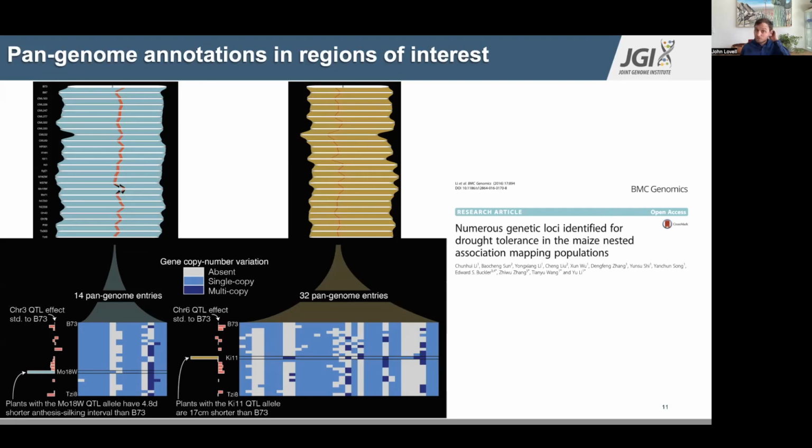In fact, we didn't even know about this inversion until I did this analysis, let alone its co-localization with this QTL. So exploring these multiple genomes with a gene space approach in comparative genomics integrated with quantitative genomics has proven already to be a pretty interesting line of inquiry.